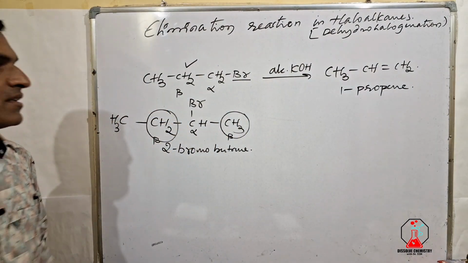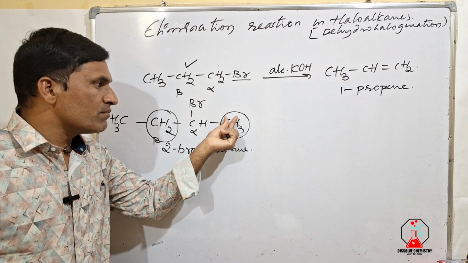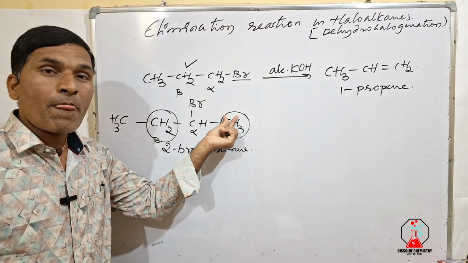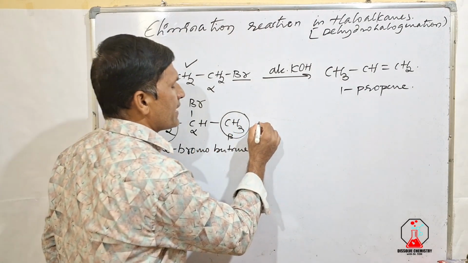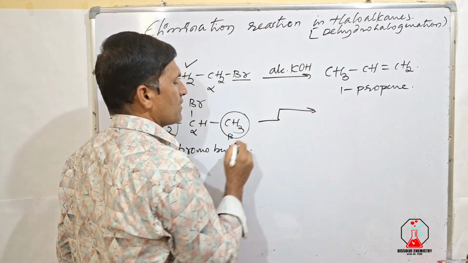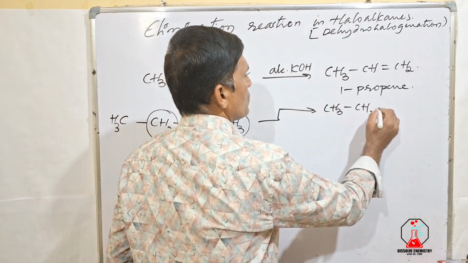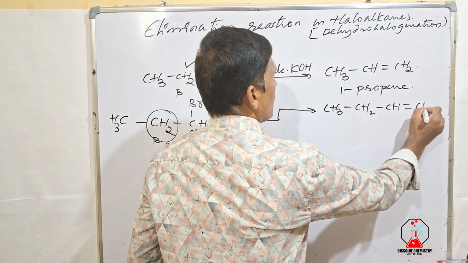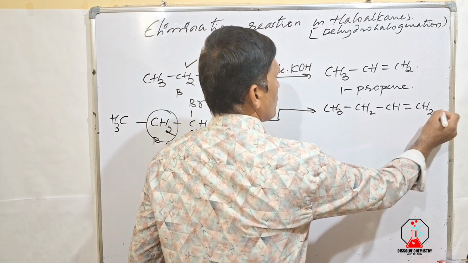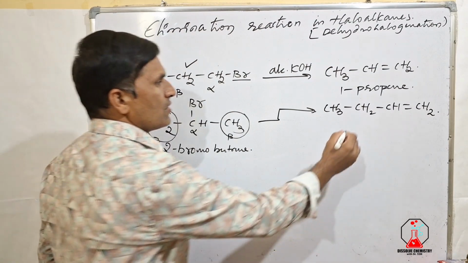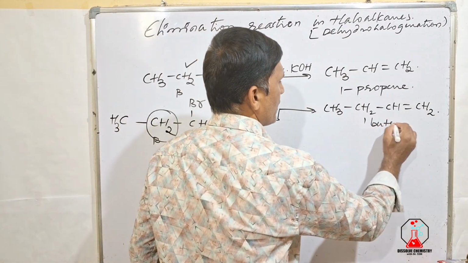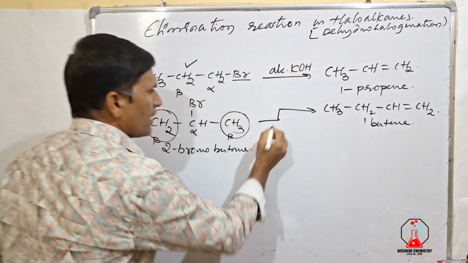Suppose this proton is abstracted, then in the first case we get the product CH3CH2CH=CH2, that is 1-butene.